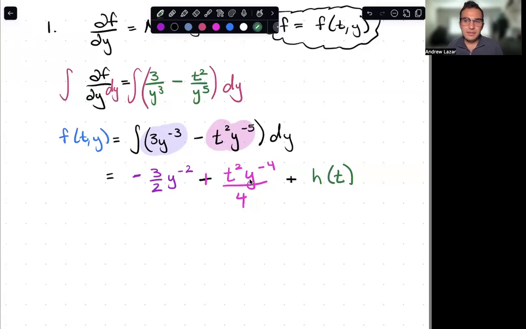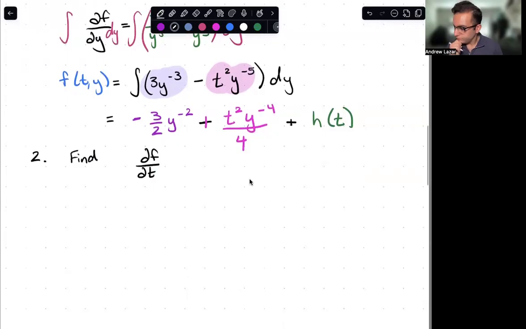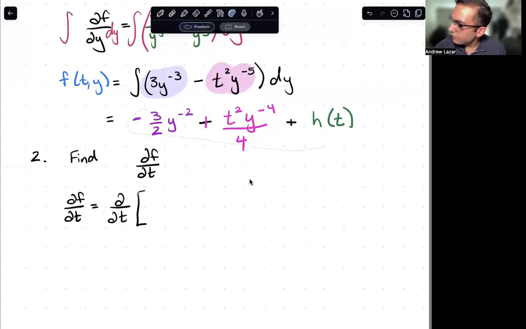Now, why did we do that? Well, the next part of solving for this is saying, let's find the partial of f with respect to t. Well, the partial of f with respect to t is equal to the partial with respect to t of the function that you just found.